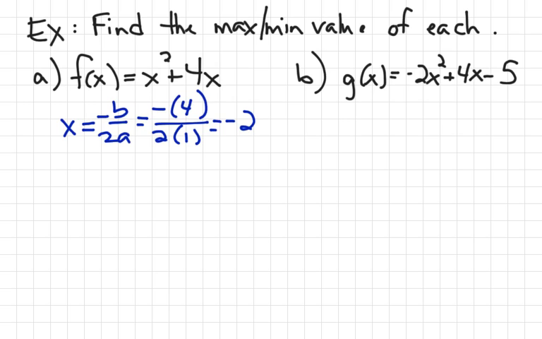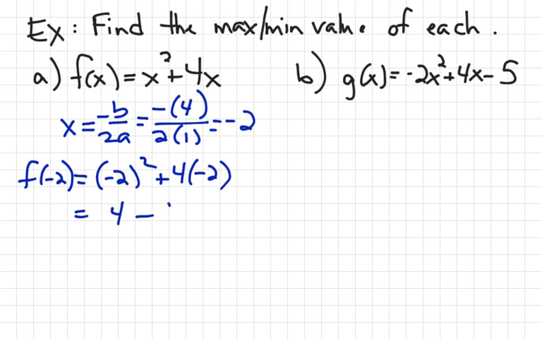Then to find the y value, you plug in negative 2 for x. So negative 2 squared plus 4 times negative 2 is 4 minus 8, which is negative 4. Is that a maximum or minimum value? Well, the leading coefficient is 1, so it opens up, which means that this is at a minimum.